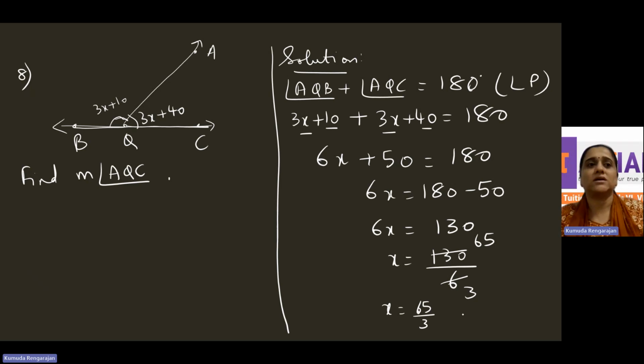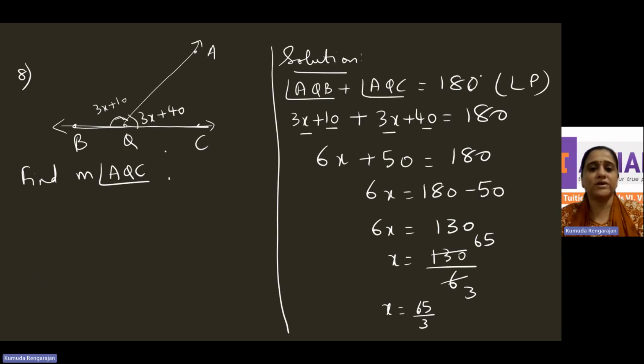Angles need not be perfect, like 60 degrees or 61 degrees. It can be decimal also. It can be 60.4 degrees, 60.5 degrees, 60.66 degrees. So 65 by 3, that's fine. Angles cannot be negative values. Okay, X is equal to 65 by 3.